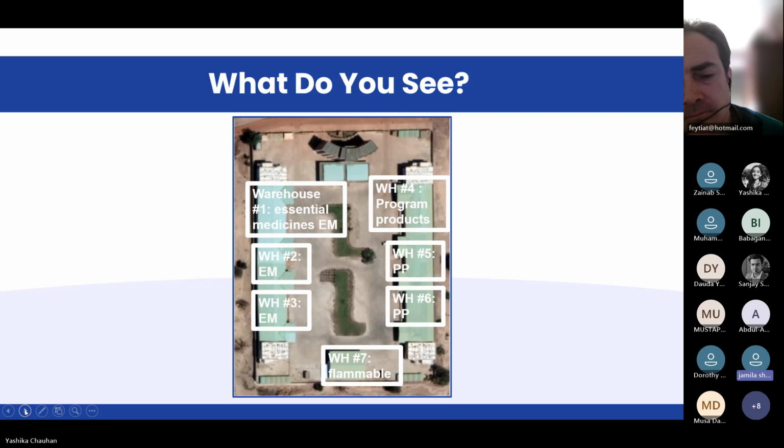So for me, my concern here is regarding the flammable items or flammable warehouse clustering together with the other warehouses in one place. So it can be a source of danger. Okay. Thank you. Okay, good question. Somebody else has something to say about that? Something else to say about this picture, aerial picture.